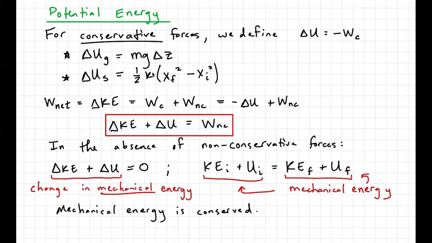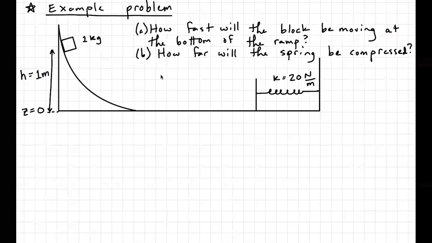I want to show you an example of how to use this expression of conservation of energy. Give me 1 second to get that set up here. Okay, so in this problem, I've got a block up here on a ramp. It's a 1 kilogram block.